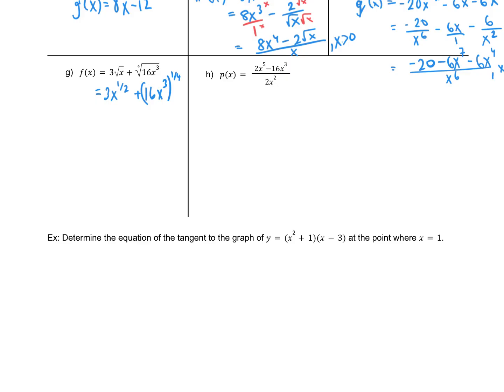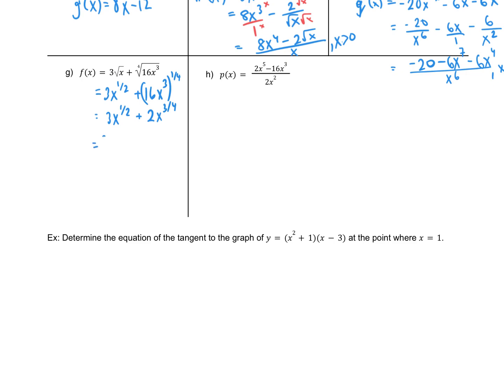And actually 16 to the power of a quarter, or the 4th root of 16, is 2, so I'm going to clean this up a little bit more and write it as 2x to the power of 3/4. So actually applying that 4th root in.